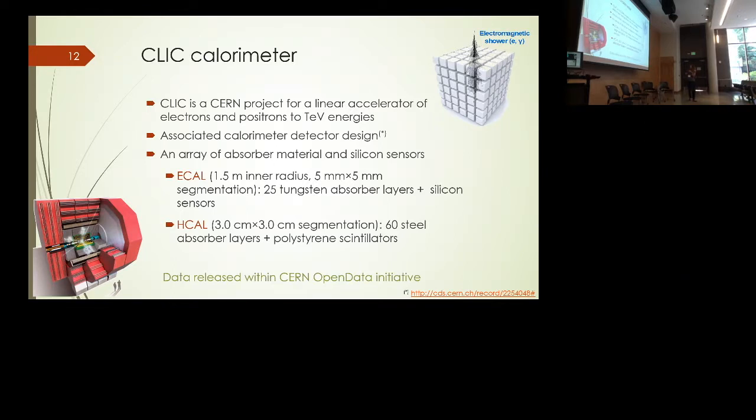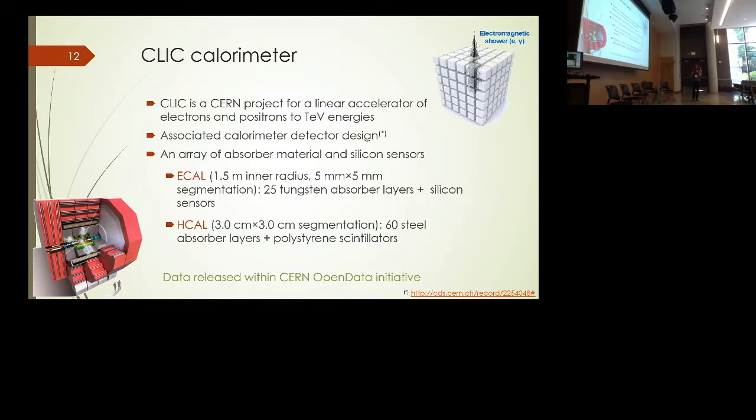The calorimeter here is the reference. The calorimeter is an example of a high granularity calorimeter, which is the reason why we are interested in it. There is an electromagnetic part and a hadronic part. For the beginning of this work, we are still just looking at the electromagnetic part. We will introduce the hadronic part at a second stage.